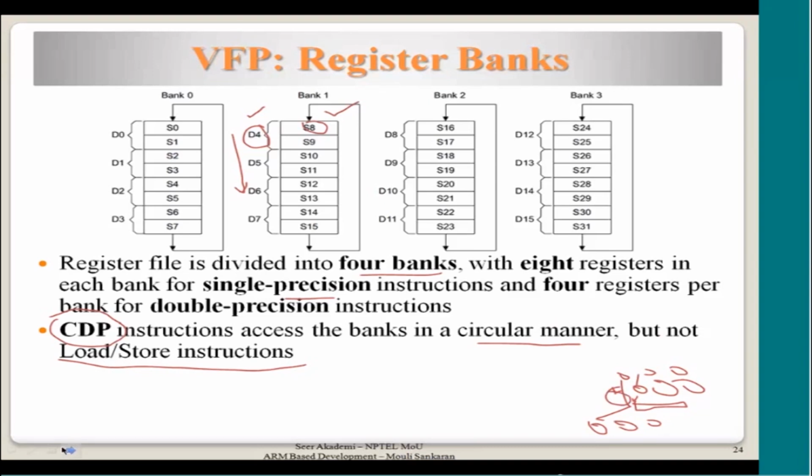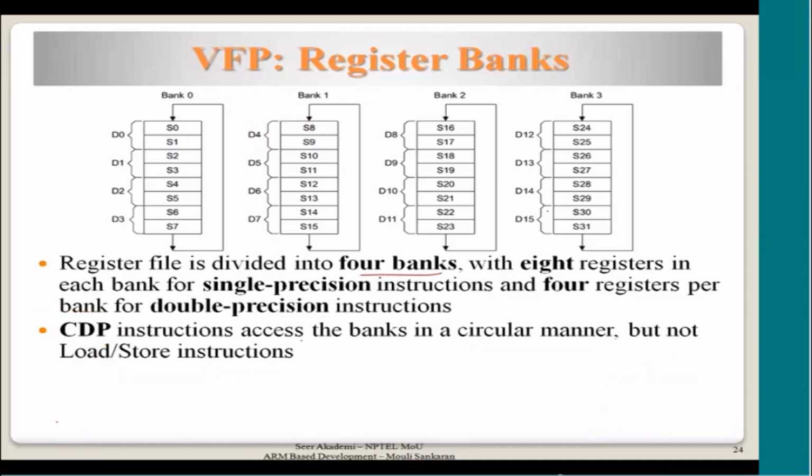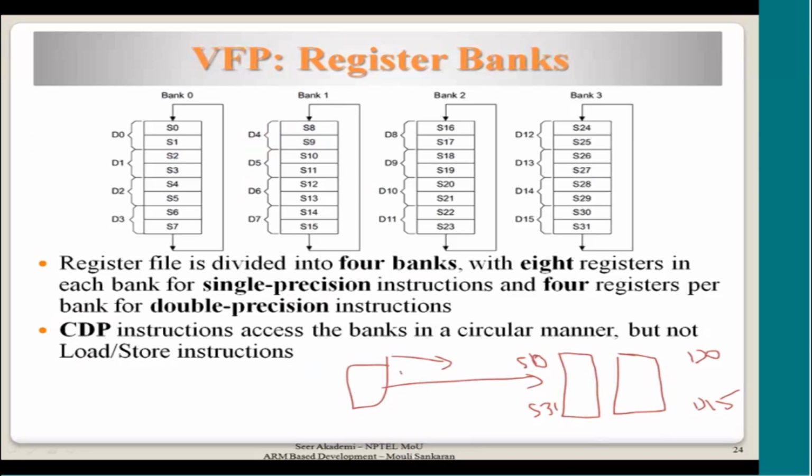Memory access treats these registers as a sequential set of registers starting from S0 to S31, or it treats them as D0 to D15, double precision. So if you want to copy data from memory into the registers, based on the length of the copying you want to perform and the starting register you give, it will go up to the end.